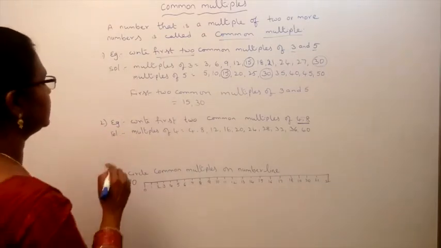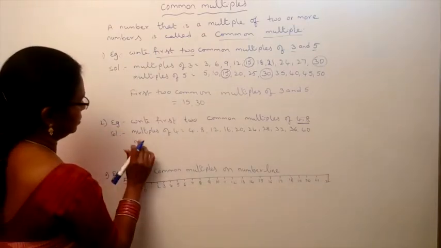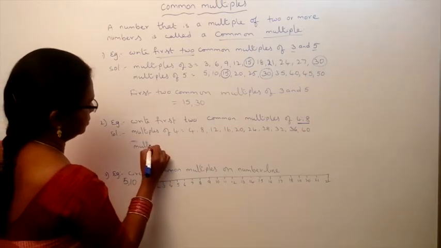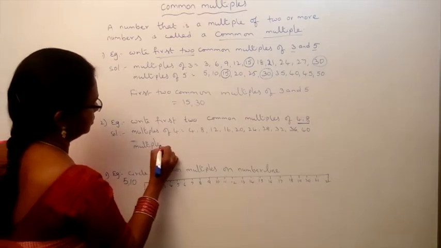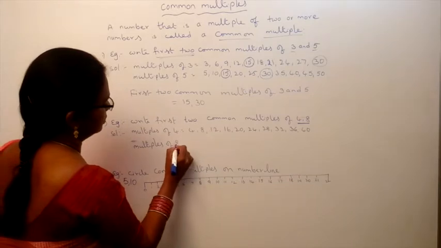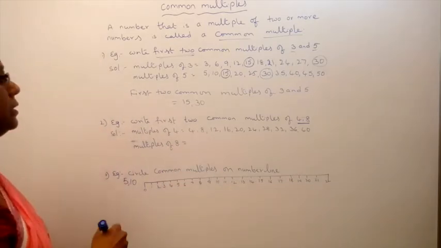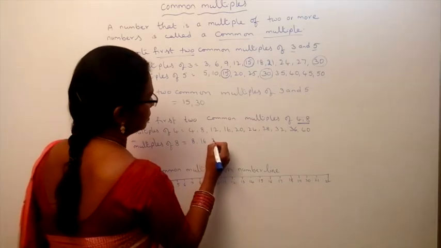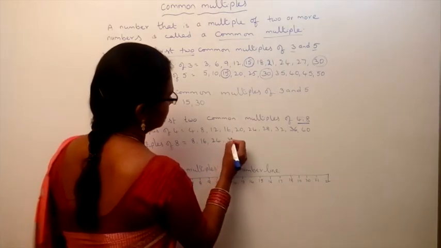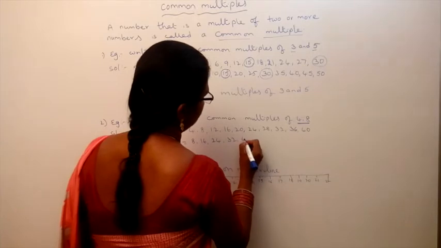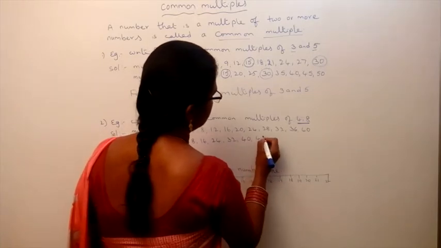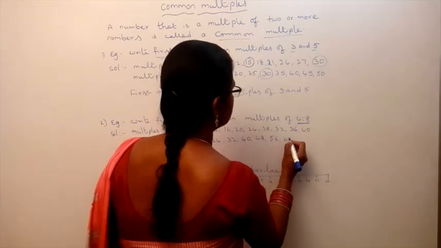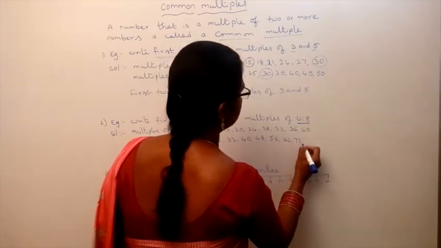Next we have to write 8 multiples. Now, multiples of 8. 8, 16, 24, 32, 40, 48, 56, 64, 72, 80.